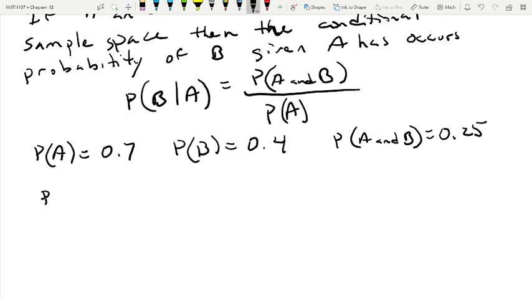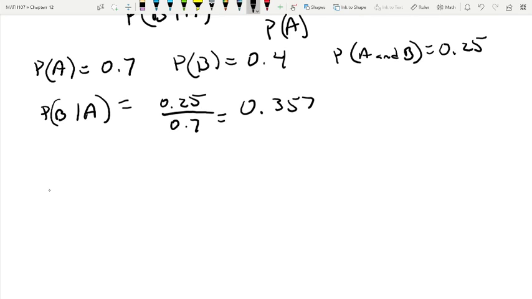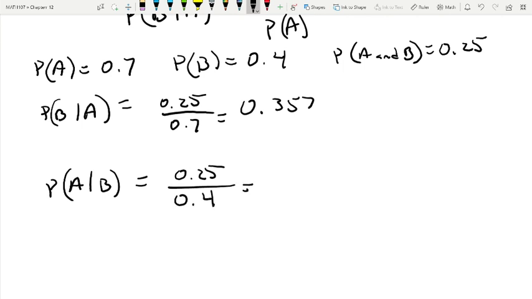And I want to know what is the probability of B given A. And so this is going to be 0.25 over 0.7, so 0.357. And we could do this the other way. So now I could say, okay, what is the probability of A given B has occurred? And so this time this would be 0.25 divided by 0.4, and this comes out to be 0.625.